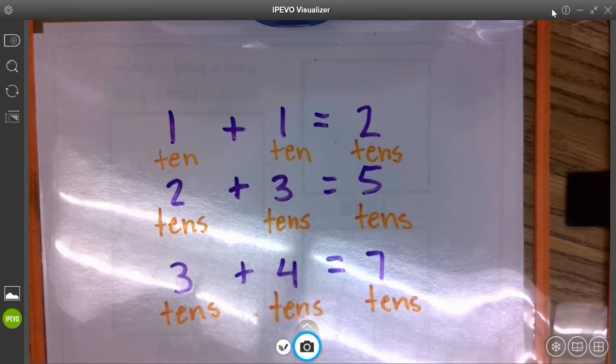The math doesn't change just because we switched from talking about ones to talking about tens.